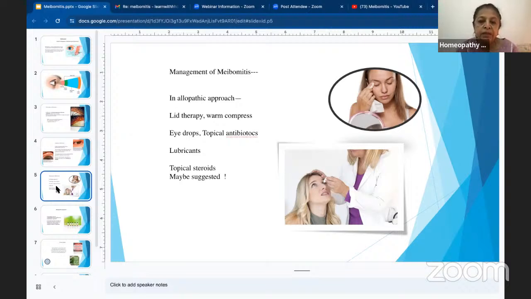After that you can do massage, so that whatever secretion is there can come out through the openings of the Meibomian glands. And antibiotics, sometimes steroids are given. Oral antibiotics also depend upon the severity of the Meibomitis. Cleanliness is equally important, not to touch the eyes. Wearing goggles when you go out so that dust particles will not go in the eyes. These are the things we have to take care of.